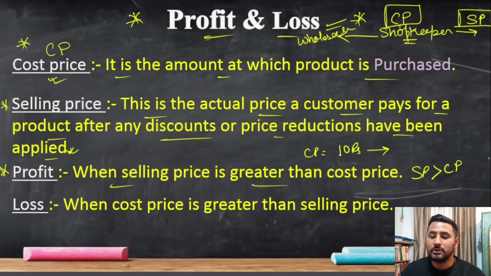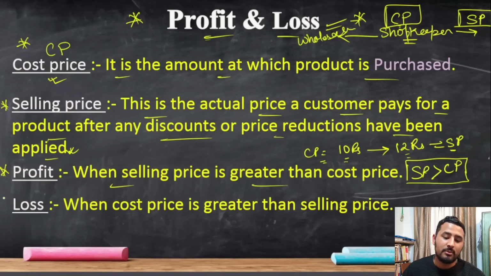How much will you sell it for? You cannot sell it for less than 10 rupees. So you'll sell it at 12 rupees, and this will be your SP. You have bought at 10 rupees. To get the profit, you should remember selling price must be greater than cost price.